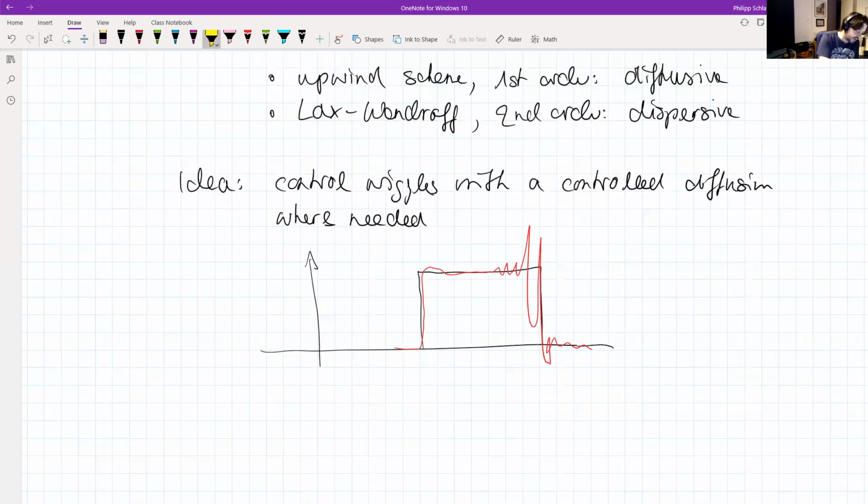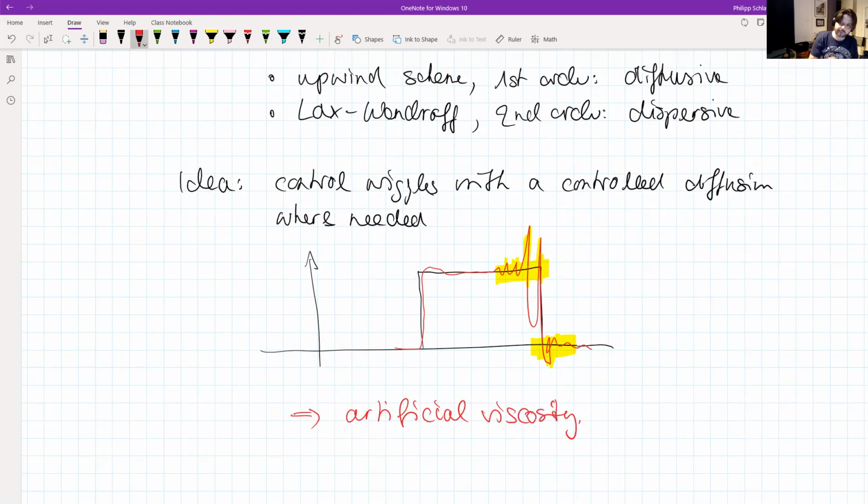Then I would like to have a method where I could identify where these wiggles are, preferably before they arise, and then just add a diffusive operator just in that region where I have the wiggles to control and reduce the amplitude of these wiggles. And this is an approach that is called artificial viscosity.